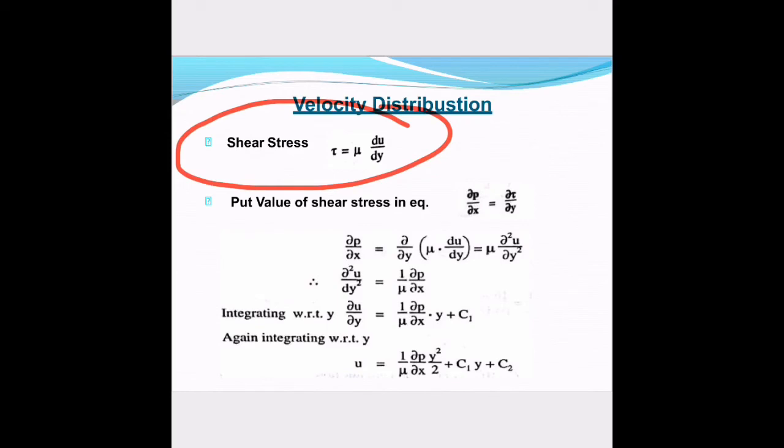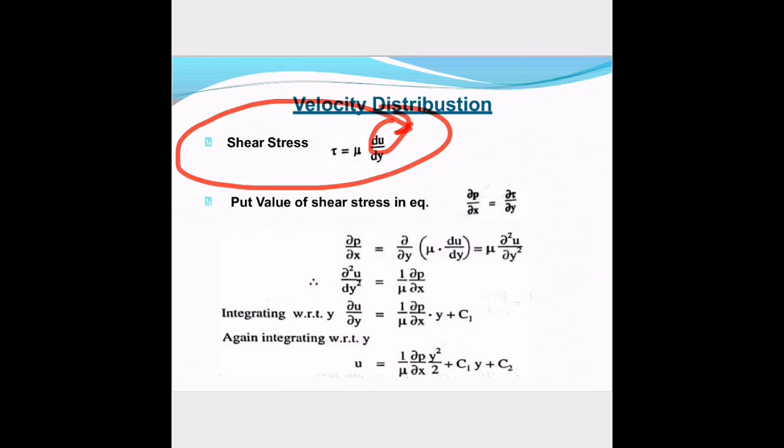Yes, the shear stress is given by this equation, tau equal to mu del u by del y. I am repeating it again.